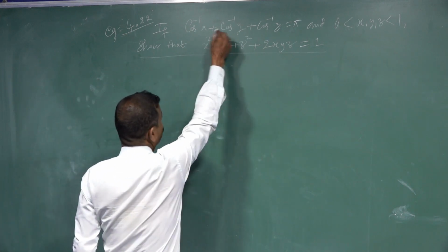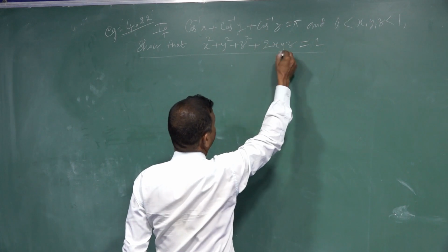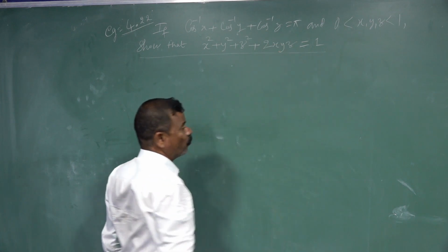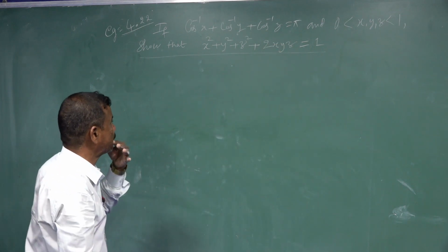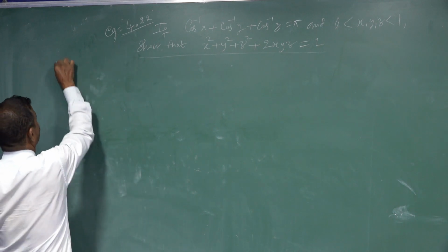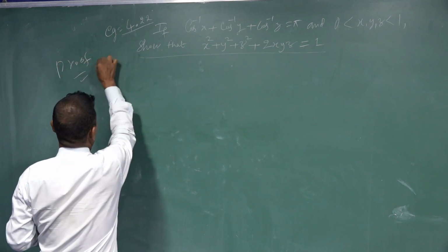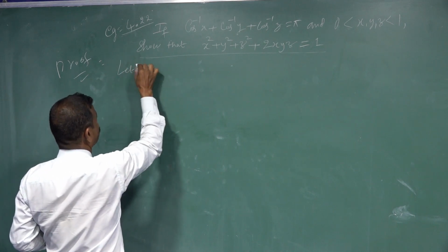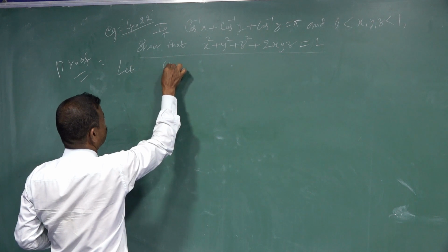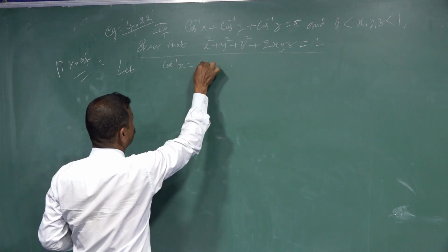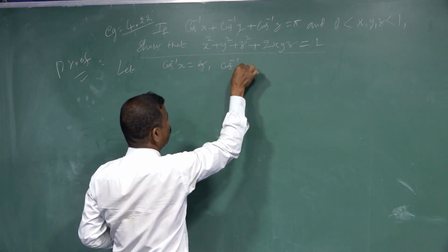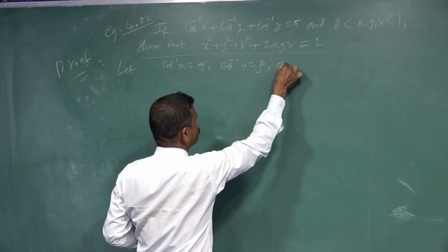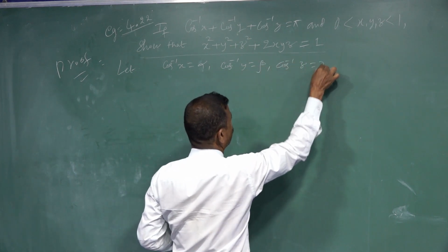Now we prove that x square plus y square plus z square plus 2xyz is equal to 1. Proof. Let cos inverse x be equal to alpha, cos inverse y equal to beta, cos inverse z equal to gamma.